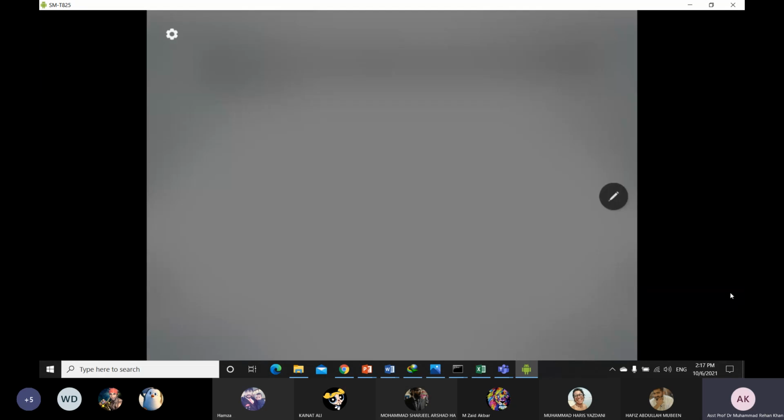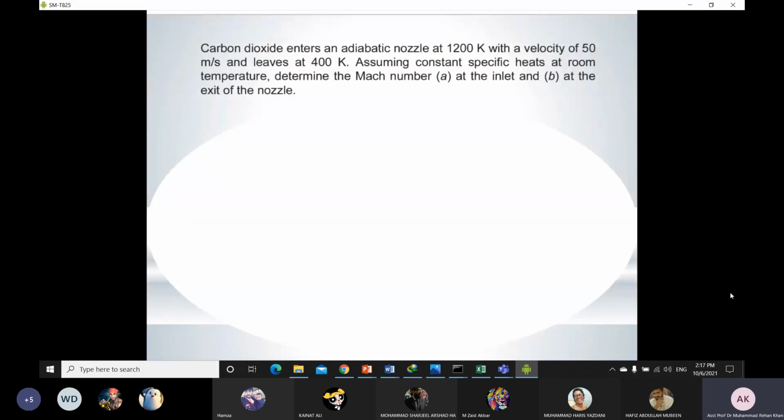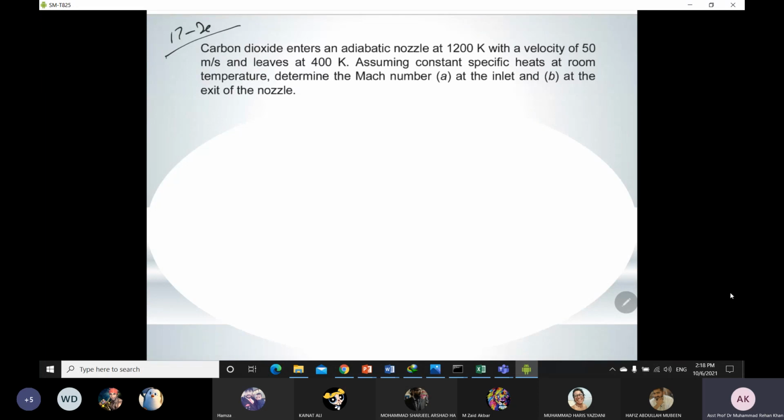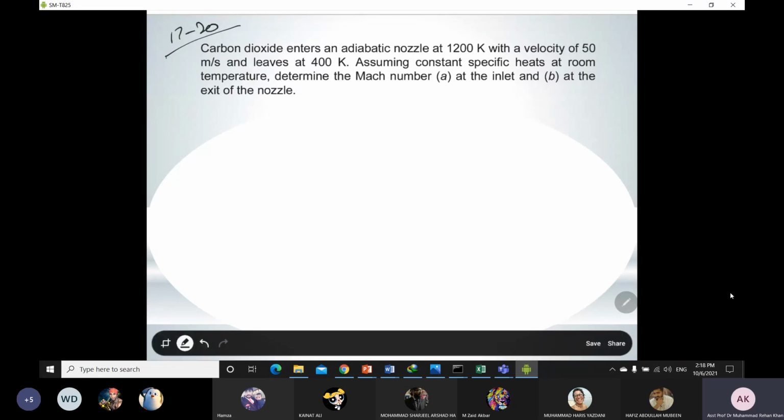Okay, so coming towards the next question, which is from your book, problem 17-20 from the end of the book problems. Carbon dioxide enters an adiabatic nozzle at 1200 Kelvin with a velocity of 50 meter per second and leaves at 400 Kelvin. So the nozzle inlet condition and outlet temperature are known to us.